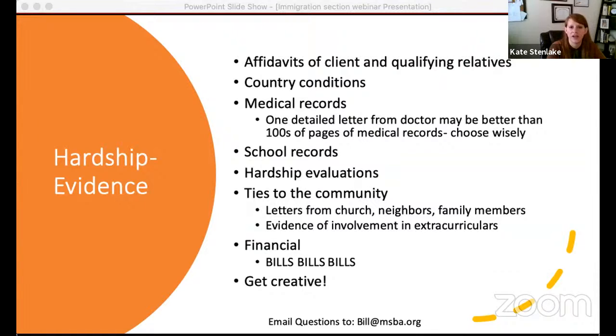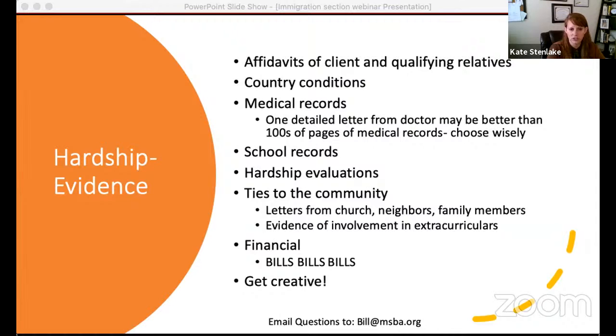You'll want to provide proof of that to show why the family would not be able to relocate there. And again, depending on the specific circumstances, if, for instance, someone has medical issues and they wouldn't be able to get medical care in the home country, show that through country condition evidence.